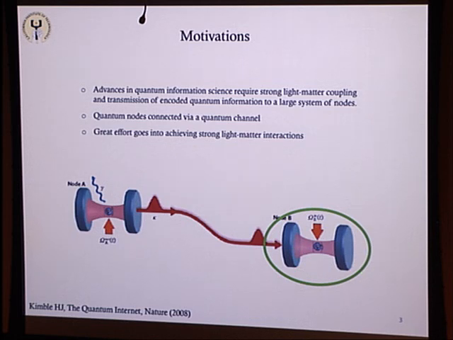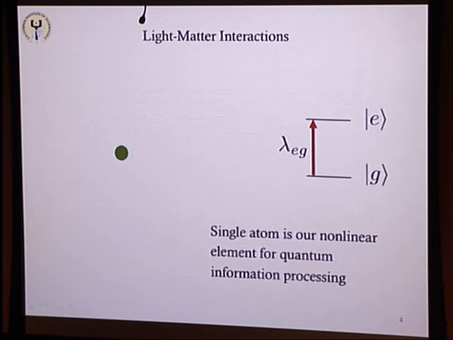A lot of the work done in this field, work that Jeff Kimball, my postdoc advisor, did quite a while ago, was to really try to achieve this strong atom-light interaction, to get the light that you send into this cavity to strongly interact with the atom inside of it.